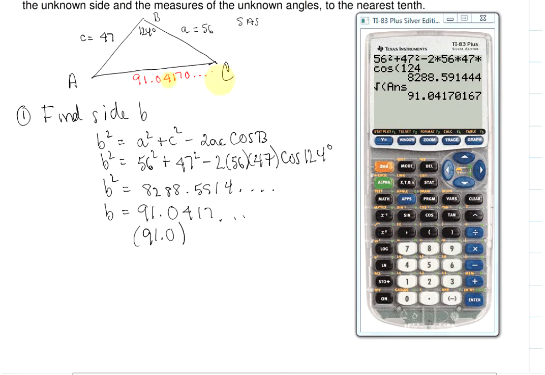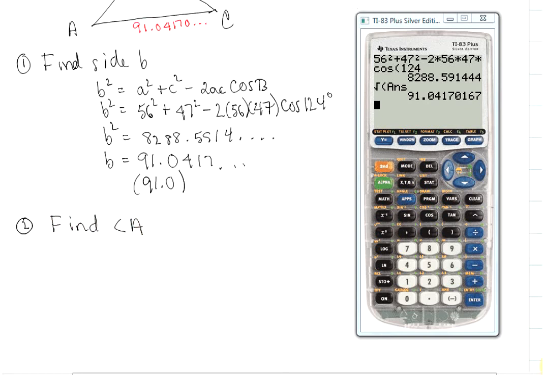Okay, so now I've got three sides to my triangle. That means I can find a missing angle, and it really doesn't matter whether I find angle A or angle C first. So I'm going to find angle A. I'm going to use the version of the cosine law that looks for cos of A, and that's equal to b squared plus c squared minus a squared over 2bc.